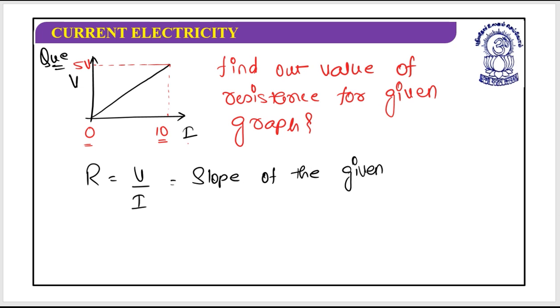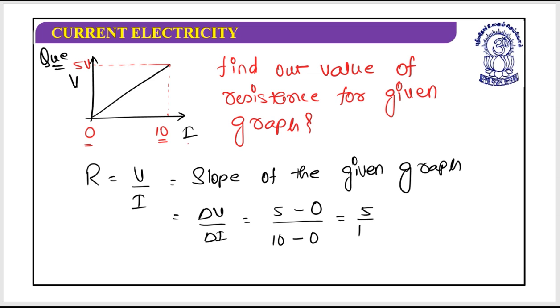It's delta V divided by delta I. So delta V is 5 minus 0, divided by delta I, which is 10 minus 0. So this is 5 by 10, which is 1 by 2, or rather I say it's 0.5.